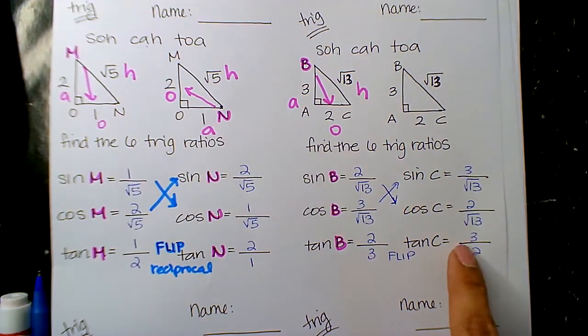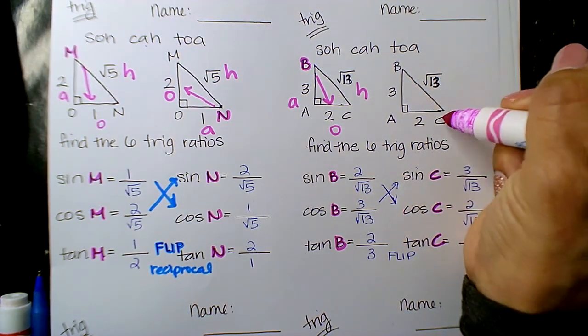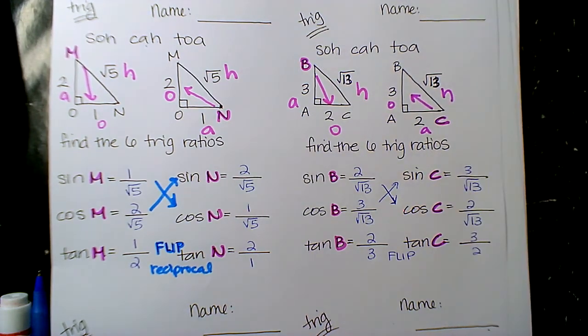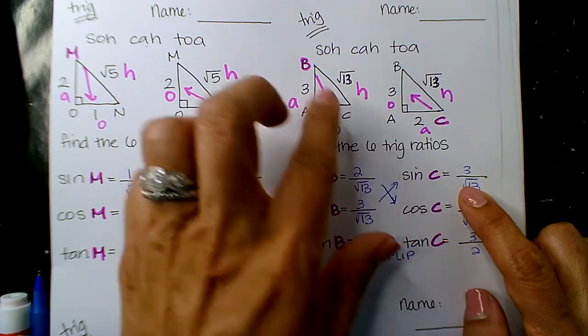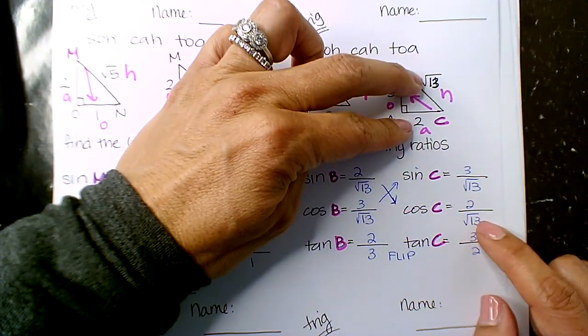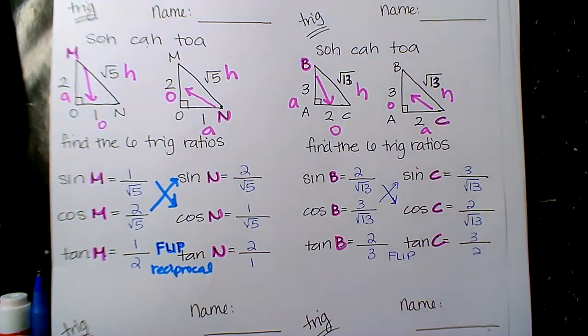Now, if you don't believe this, you're more than welcome to see. There's my OAH. And so SOH, 3 over rad 13, A over H, 2 over rad 13, OA, 3 halves.